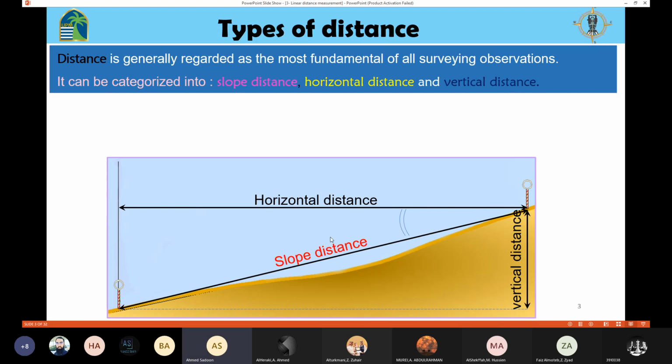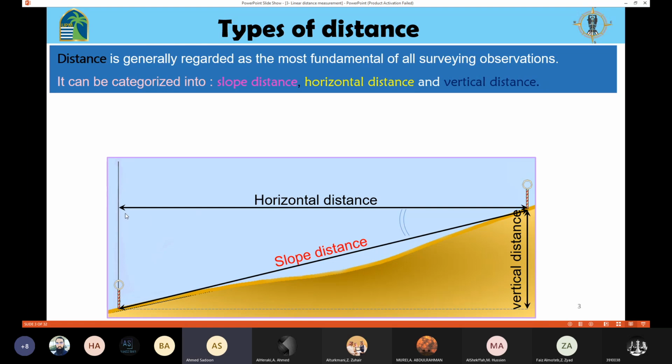What's really important in surveying is horizontal distance. What we are going to measure in the field is horizontal distance. So we need to differentiate between the types of distance: horizontal distance, slope distance, and vertical distance.